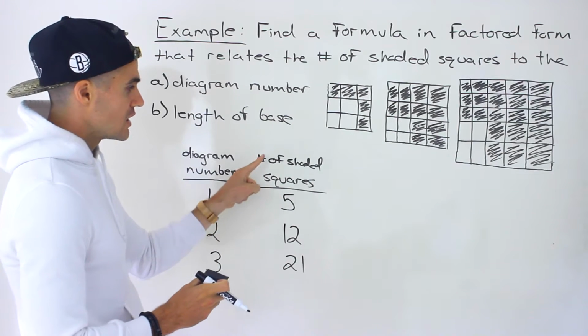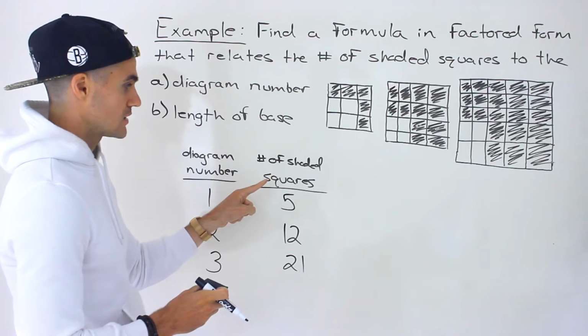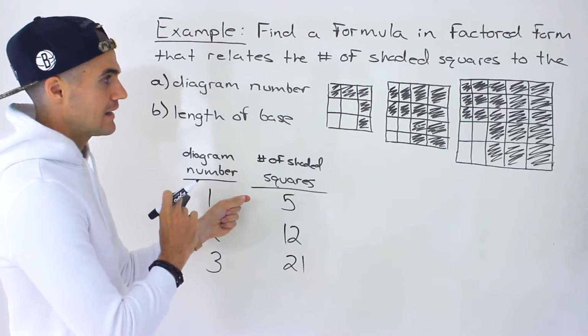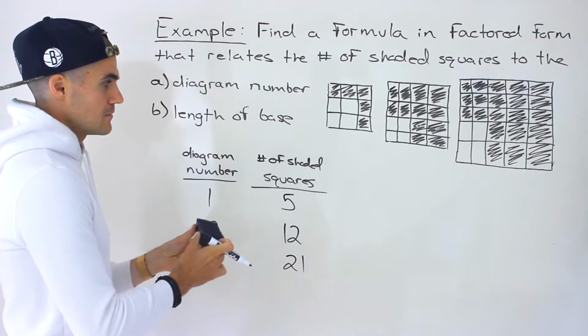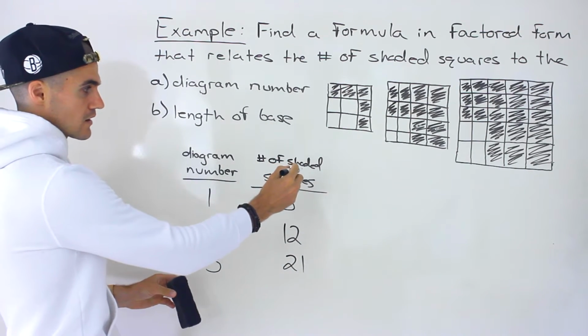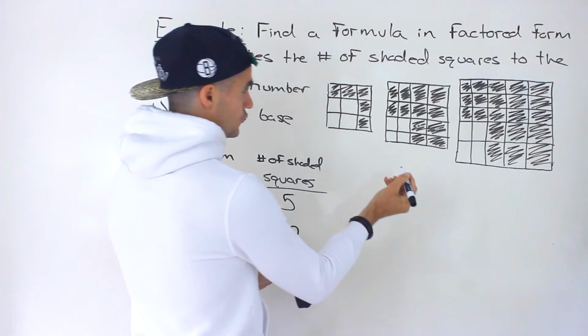But if you remember, there's another way to get the number of shaded squares, and that's to go about it in an indirect way. Because the number of shaded squares is also equal to what?